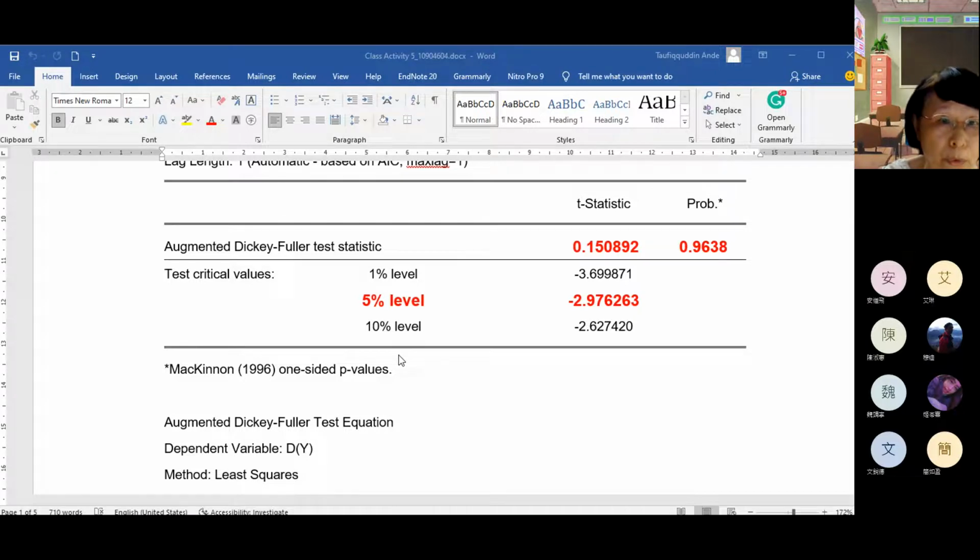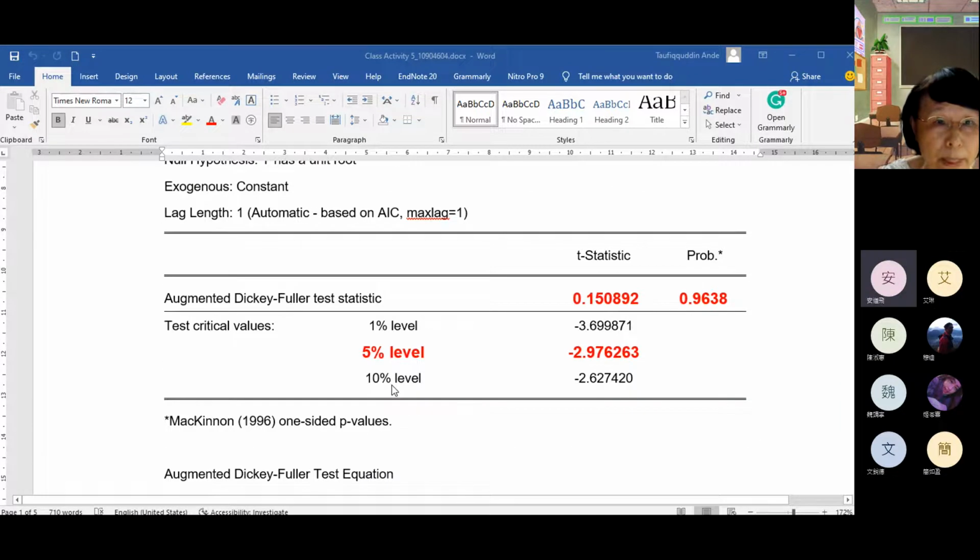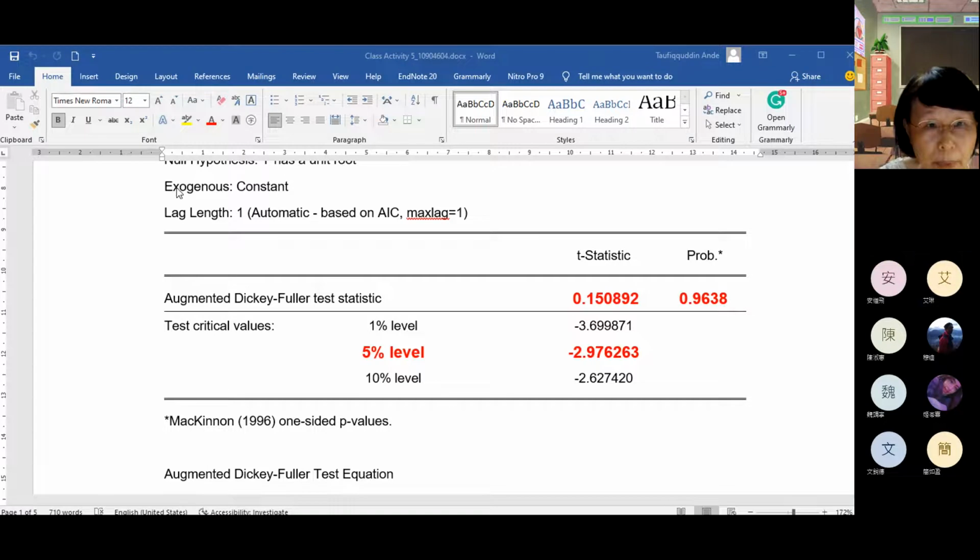Do not move your screen, okay? I'd like to see this. This is the Y variable, right? Did you see the column at the very top, the exogenous variable saying constant?